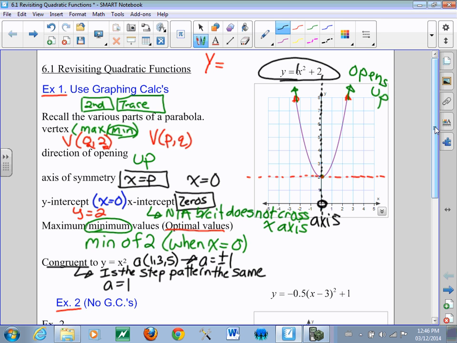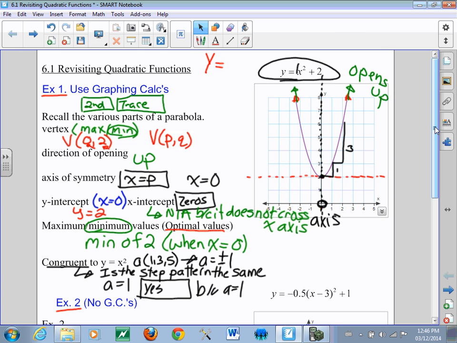That's one way you could have done it. Or on the graph, start at your vertex, and as you go over 1, notice you go up 1. Over 1, up 3, and then your next step. That indicates a step pattern. So therefore you're going to say yes, it is congruent because A equals 1.